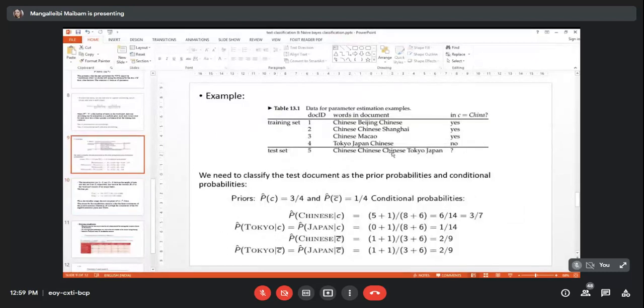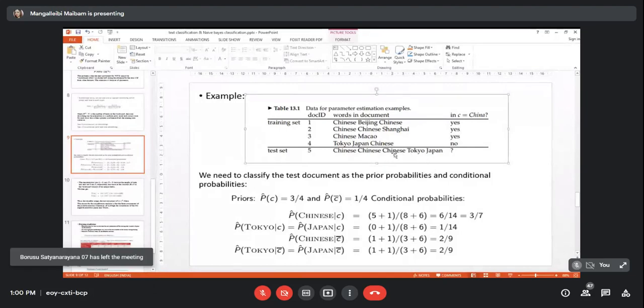The conditional probability of Chinese in North China class is 2 by 9. So there will be 2 by 9 into 2 by 9 into 2 by 9, since we have three Chinese, and their conditional probabilities will be multiplied.